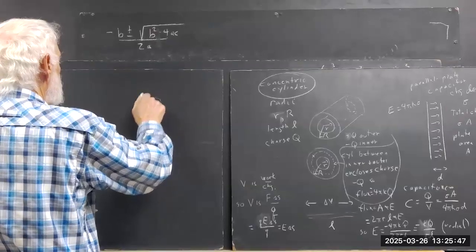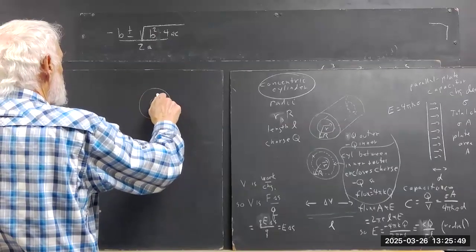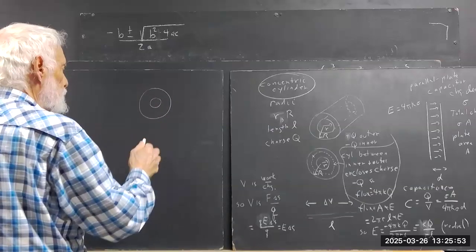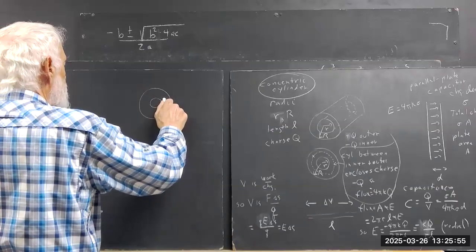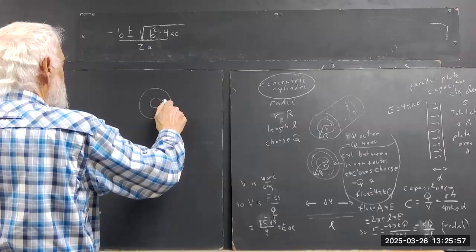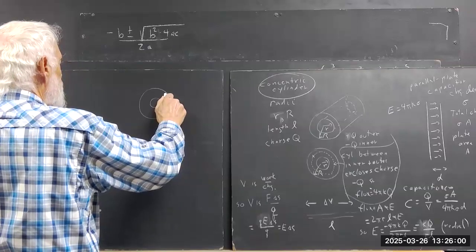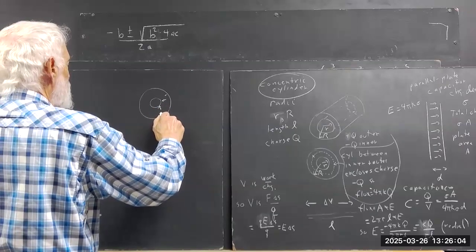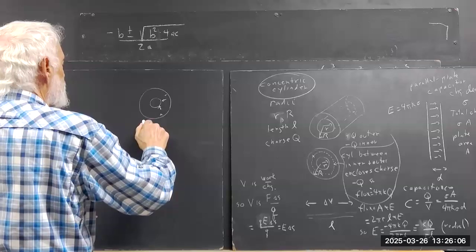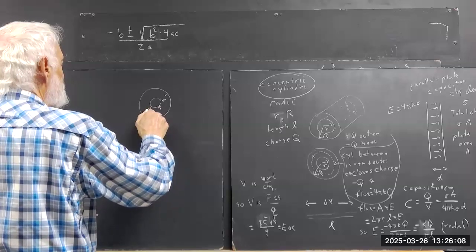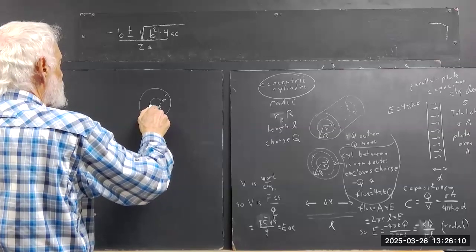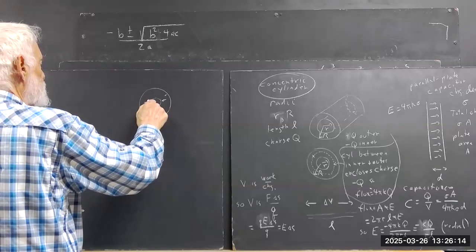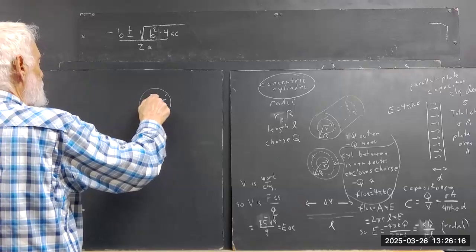Here's our inner, there's our outer. In between here, we have an electric field. Now, the electric field turns out to be in this direction. It's stronger as we go from the outer to the inner. So I'm kind of indicating it that way.